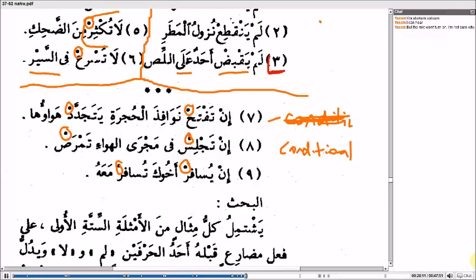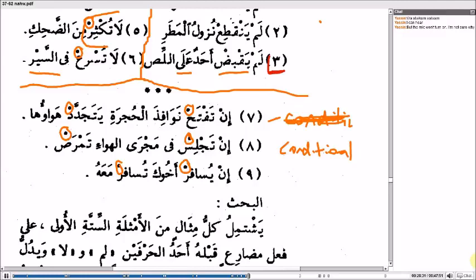Because in the Quran, I'm trying to think of something. I know it exists, I just can't think of an example right now. You don't necessarily have to see the word in.